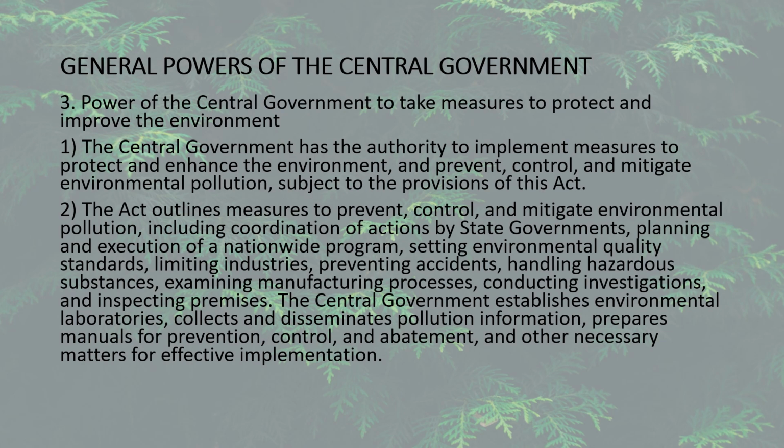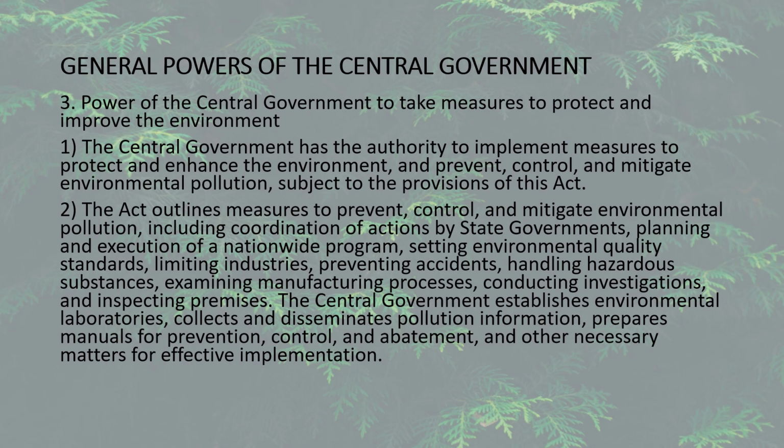Now let us know the general powers of the central government. It says the central government has the power to take measures to protect and improve the environment. The central government has authority to implement measures to protect and enhance the environment and to prevent, control and mitigate environmental pollution, subject to the provisions of this Act.